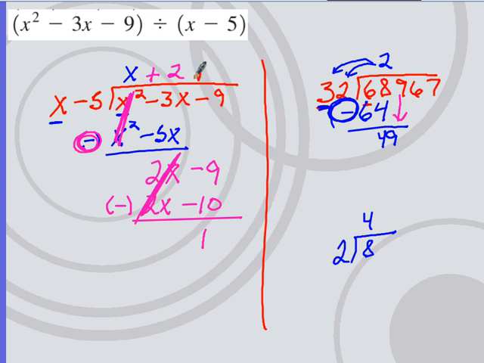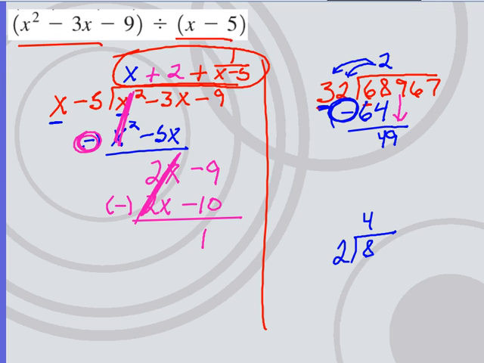So I'm going to do plus x minus 5. Nope, just kidding. Goodness. Plus 1 over x minus 5. The remainder over what you're dividing by. That's divided. So pretty much when you divide this by this, you get x plus 2, remainder 1.